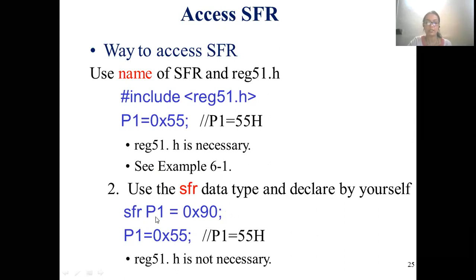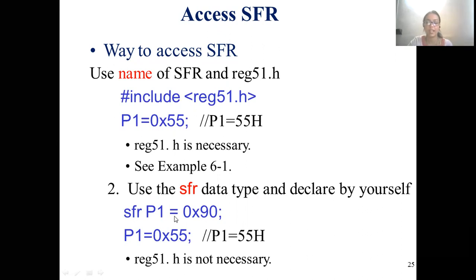You can directly declare your SFR by writing sfr P1 = 0x90. Whenever you define an SFR, it will access the special function register, which is a part of the IO port. It will access the SFR directly by writing the sfr data type before port 1.